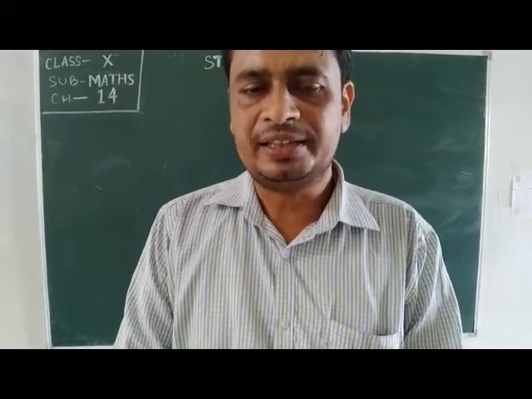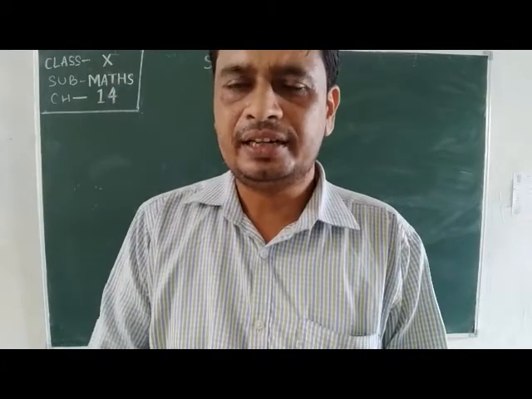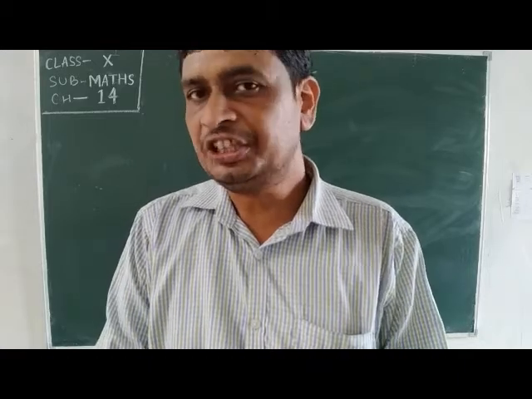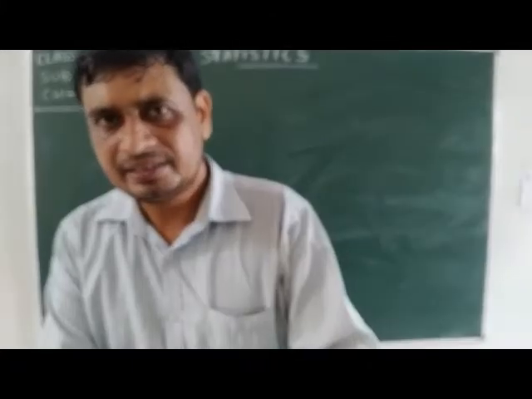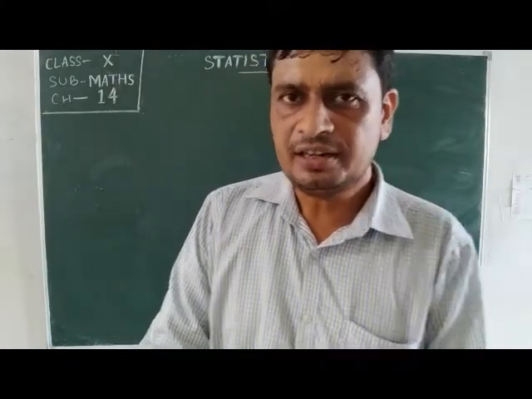How to find the mean? According to this course, there are 3 different methods present: direct method, assumed mean method, and step deviation method. First we will discuss the direct method.